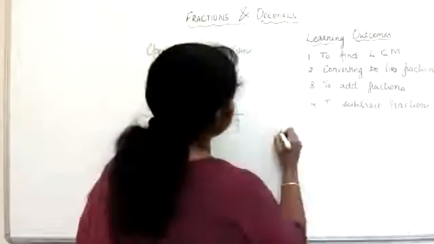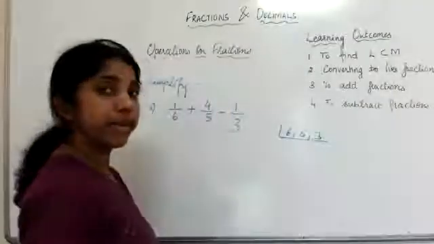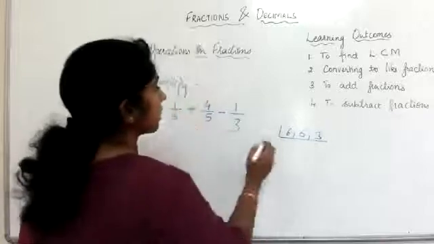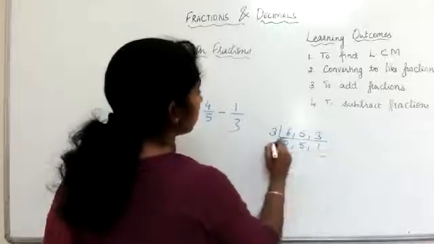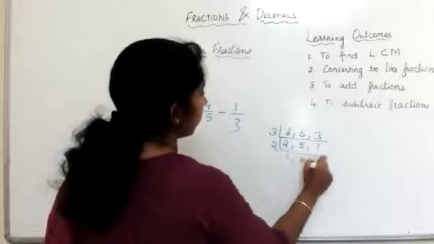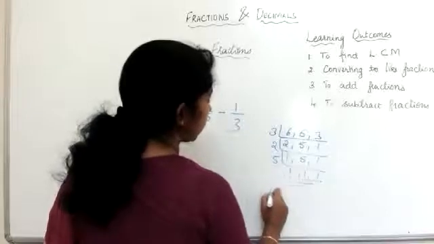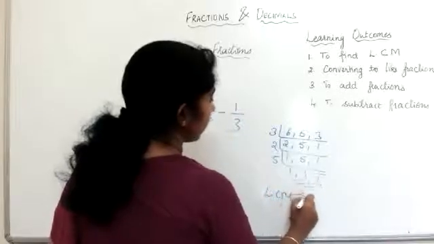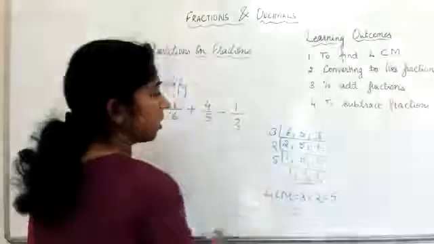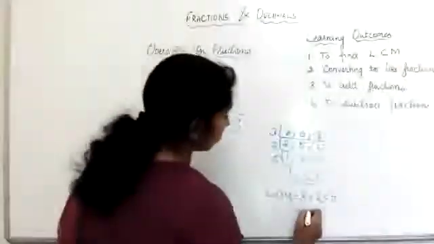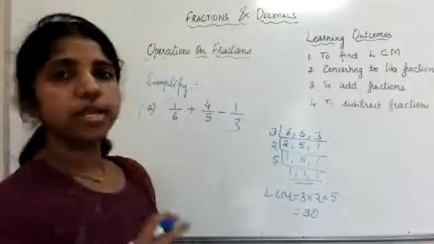It goes with the factor 3, then 2, then 5. So the LCM is 3 into 2 into 5, which is 6 into 5, 30. So your LCM is 30 here.